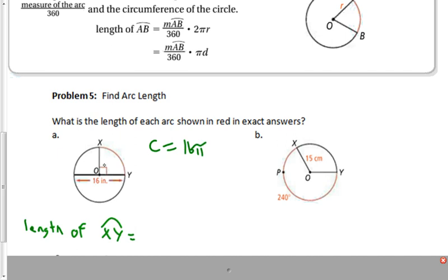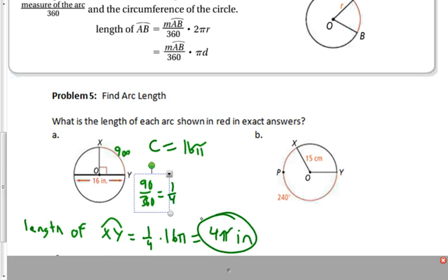And we're dealing with the central angle of 90 degrees, so we have a 90-degree arc, which would be 1/4 of the circle. So 90 out of 360 is 1/4. To find the length of that arc, we're going to do 1/4 times 16 pi, which is 4 pi inches. Or if you would multiply it out with 3.14, you're going to get like 13 or so inches.